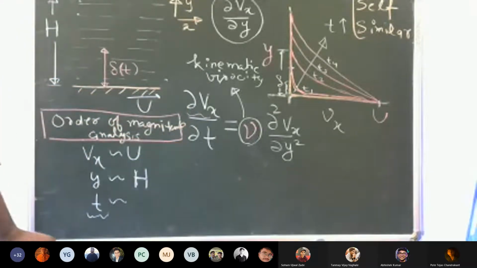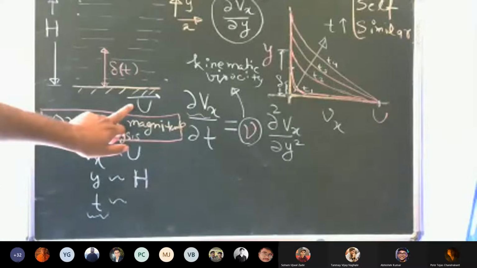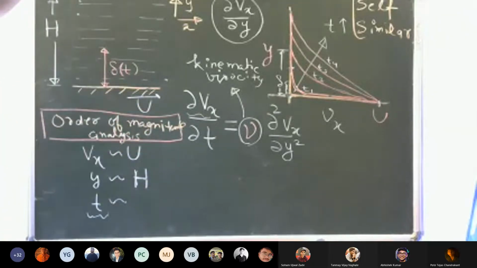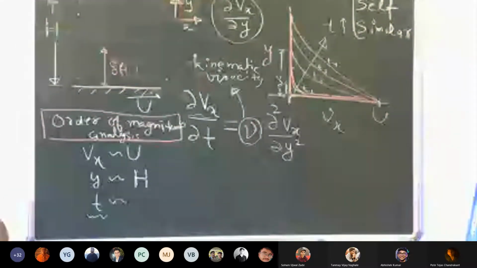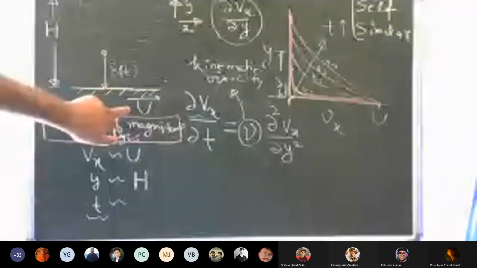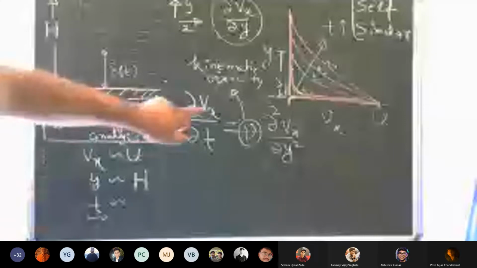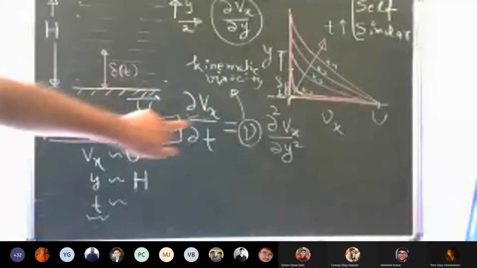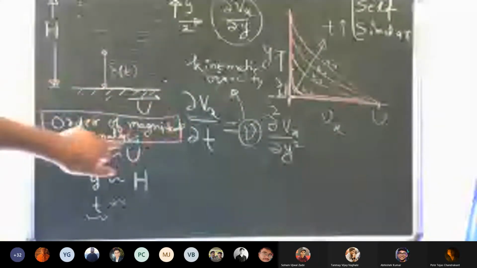Let's say at some location, at some point of time, some layer has velocity 2, and after some time it takes velocity 2.2, 2.3, something like this. So the difference will have the same order which this u has. So never think that if Vx has characteristic value u, dou Vx will have characteristic value u minus u0.